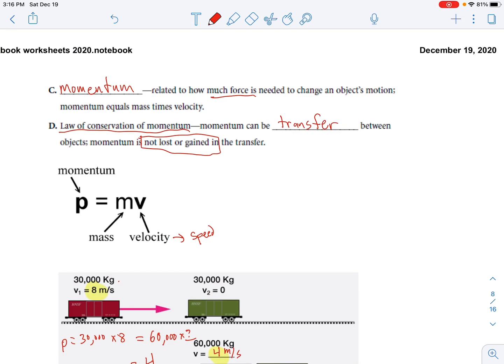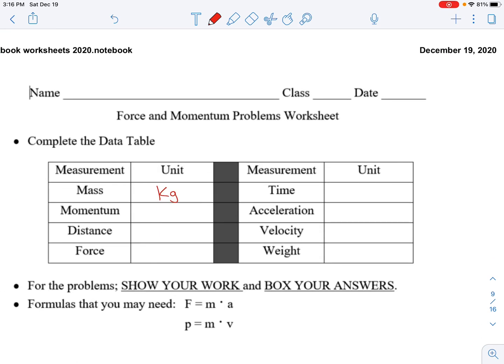So we go back up here. Do you remember this where we took mass times velocity to get momentum? Well, mass is in kilograms and velocity is meters per second. So the unit for momentum is just those two things together. And the way I wrote it is how you're going to write it on your worksheet. So it looks a little weird, but that's what it is. Kilograms times meters per second.